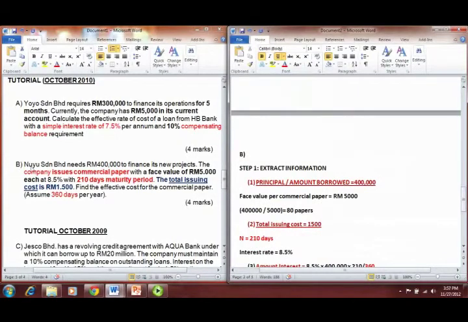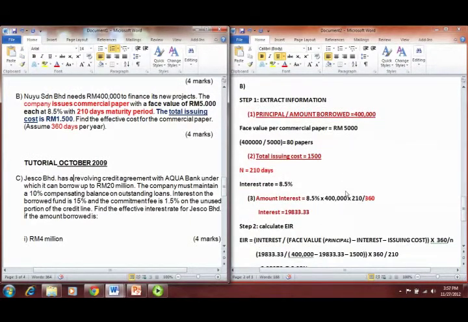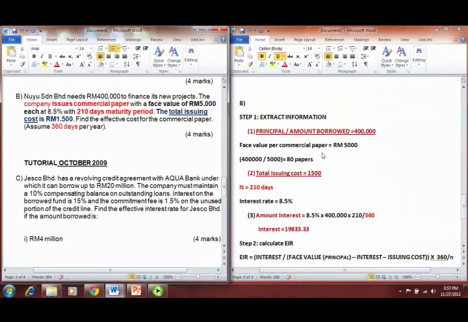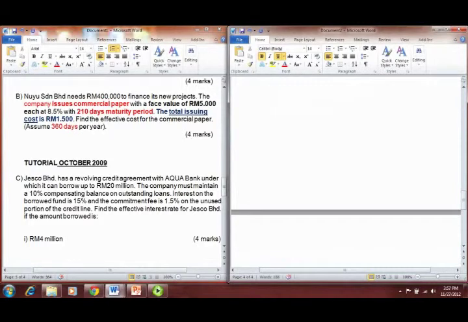Alright, so that is the second question for Nuyu Sendirian Berhad. Alright, last question for today's tutorial. As you can see, my advice first is to extract information and identify your formula. Now question C, the last question for today's tutorial.